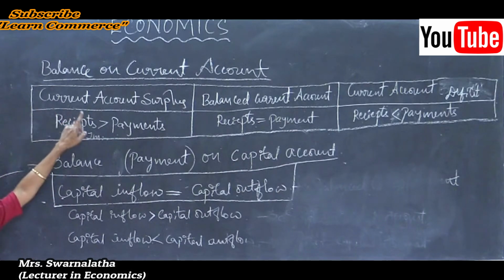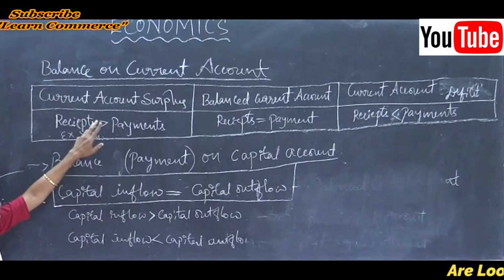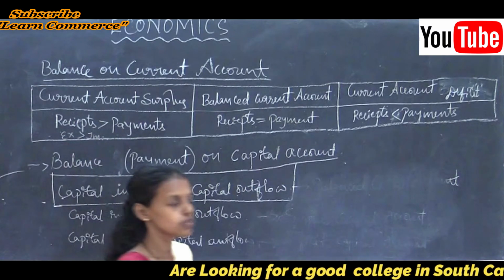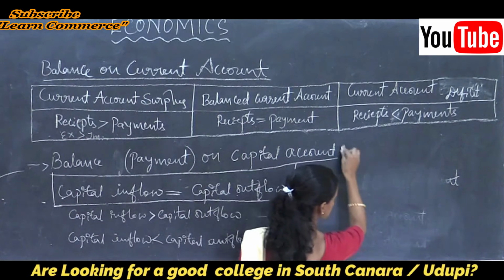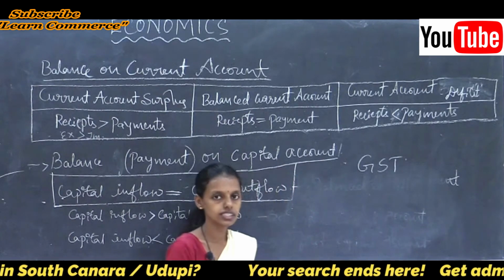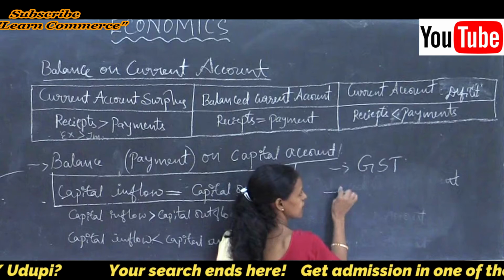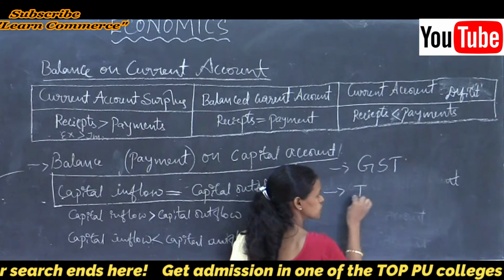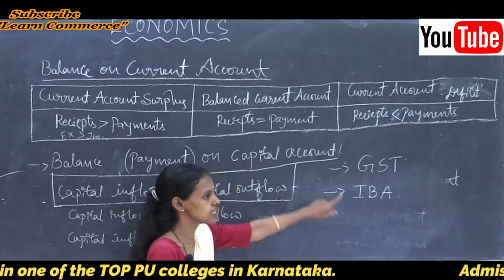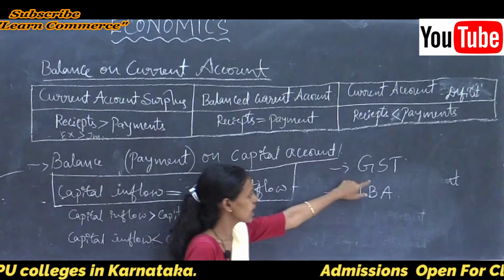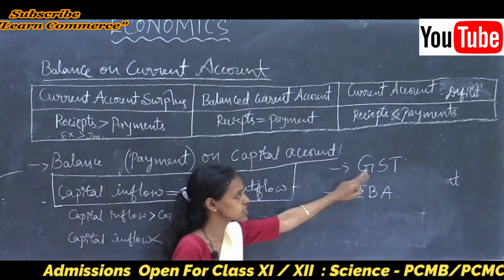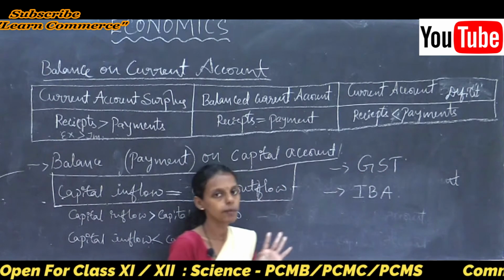So, balance on current account is nothing but, remember the formula. What are the components of current account? Components of current account include GST, and components of capital account include IBA. GST means goods and services and transfer payments: trade in goods, trade in services, transfer payments.